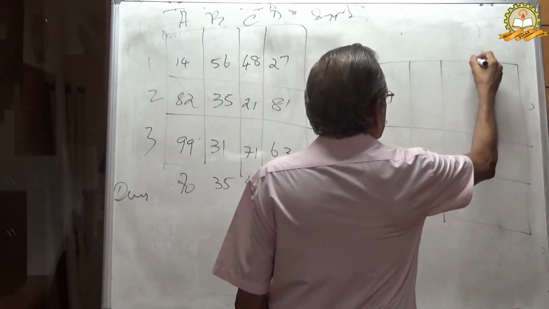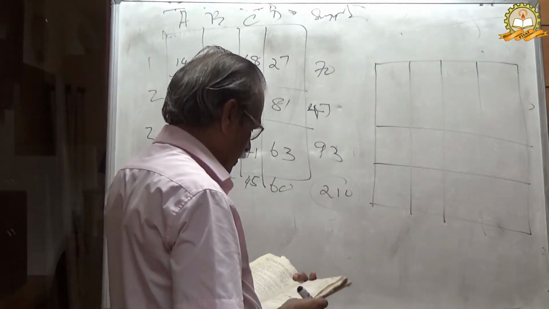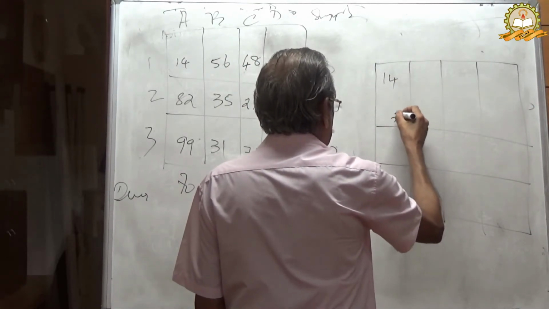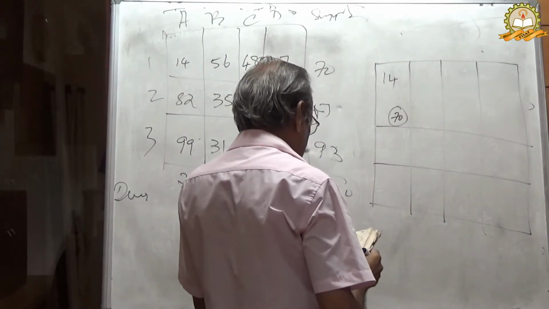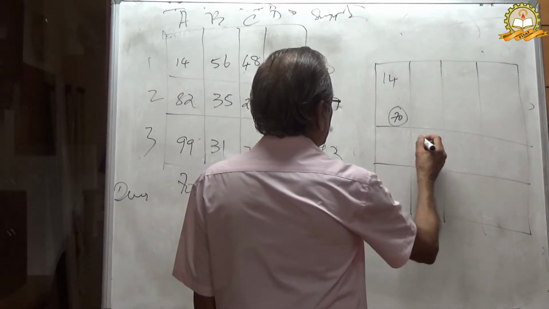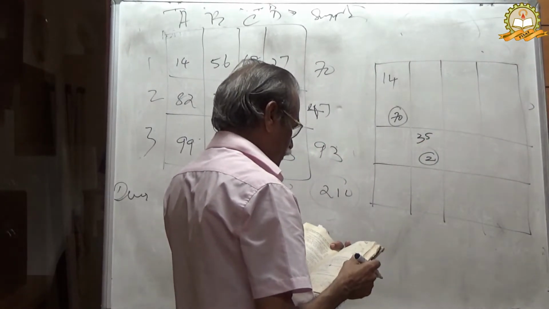Allocations will be 14 into 70. 70 is the allocation, which you can do. 35 into 2. You can do it as a homework.